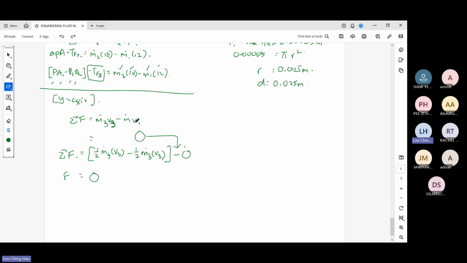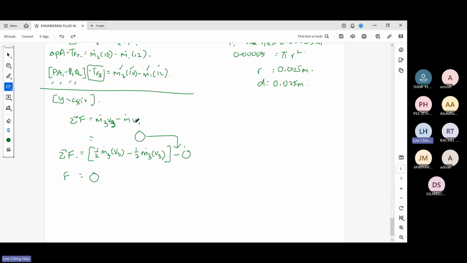A reason is because they have the same mass flow rate going in opposite directions with the same speed. You must mention both, because even if they have the same amount of mass flow rate going up and down, if their velocity is different, the force created will be different as well.